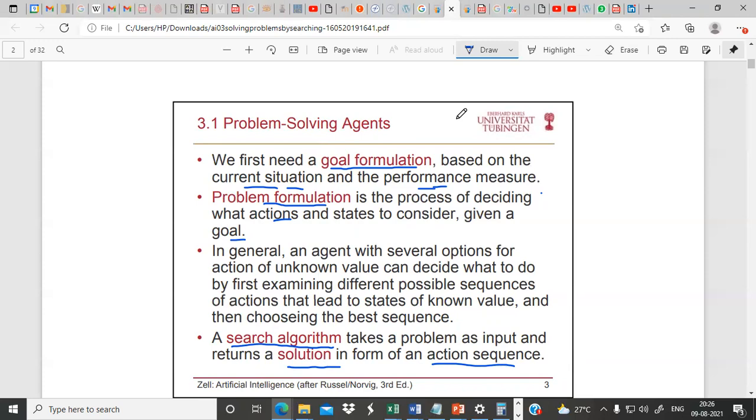The search algorithm takes a problem as input, meaning the initial state and the goal state, and the actions that can be performed. Then it will identify what sequence of actions will take the problem from the initial state to the goal state, which is nothing but the solution.